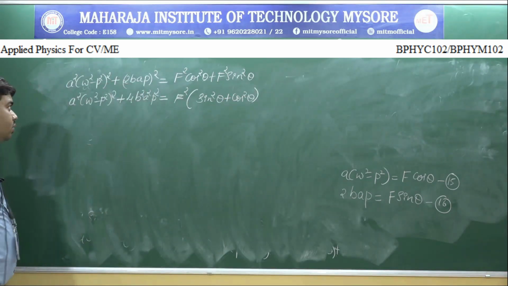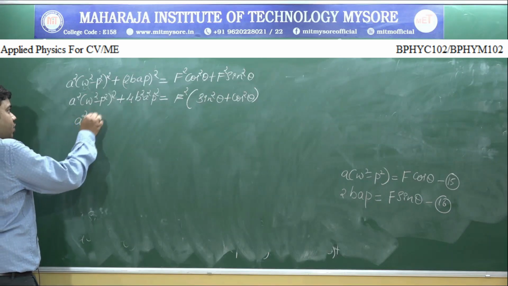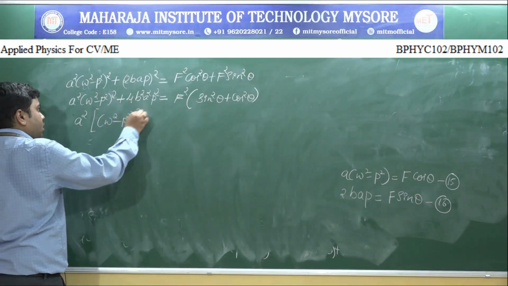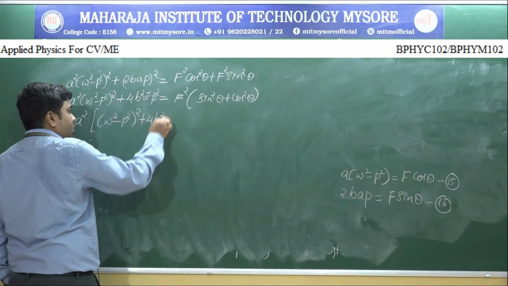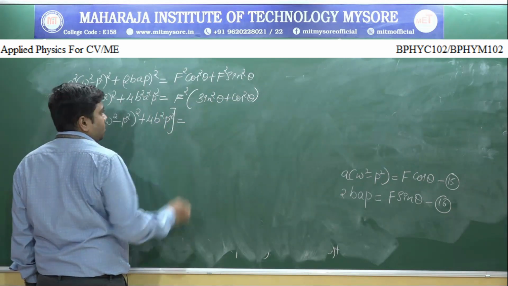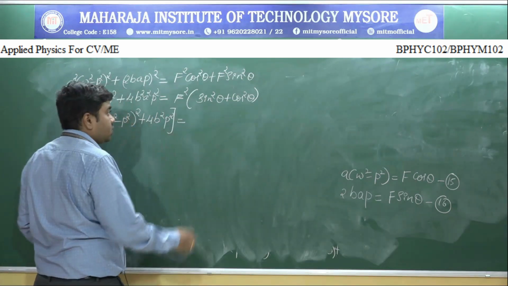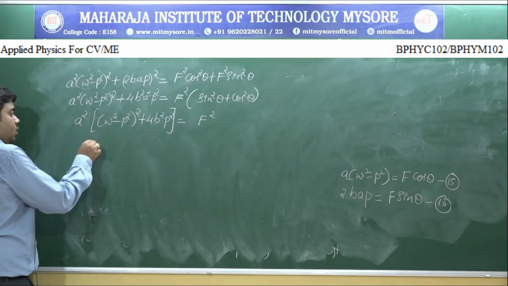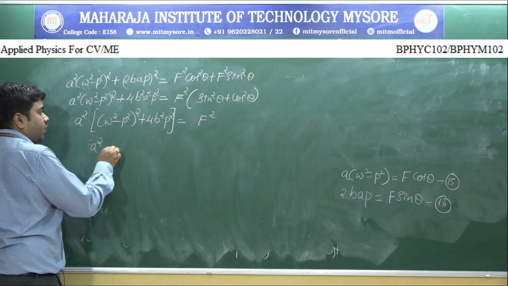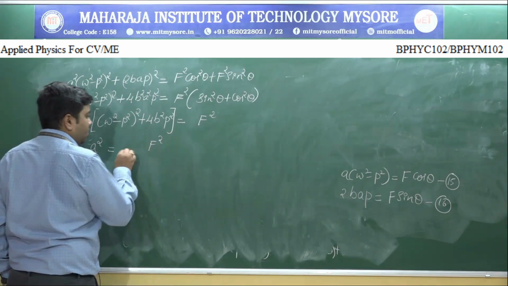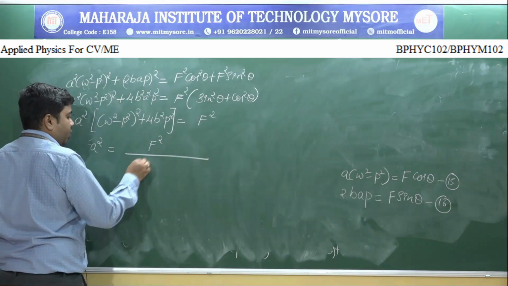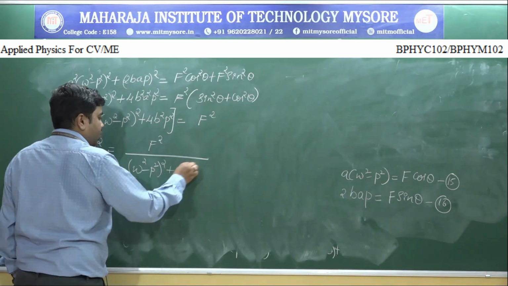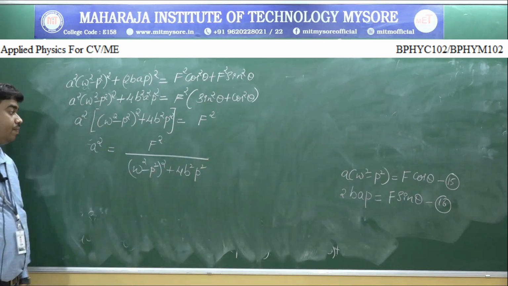Now again I will remove the common term here. The common term is A². So this becomes (ω² − p²)² + 4b²p² is equal to, we know that sin²θ + cos²θ is 1, so we are left with F². Or we can write A² is equal to F² divided by (ω² − p²)² + 4b²p².